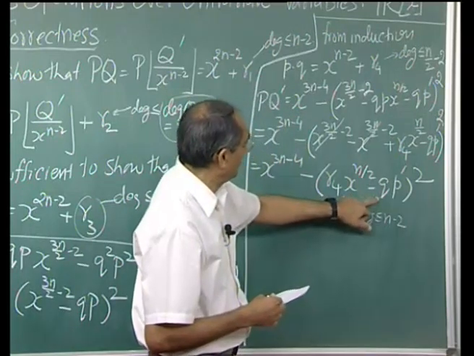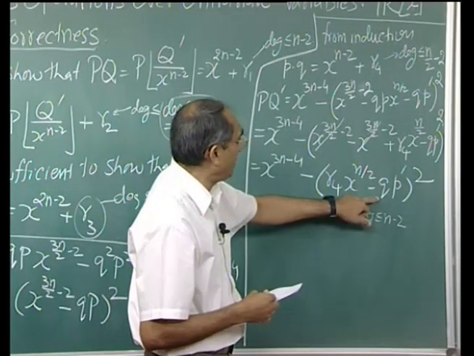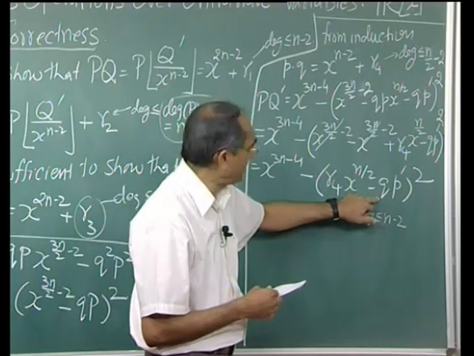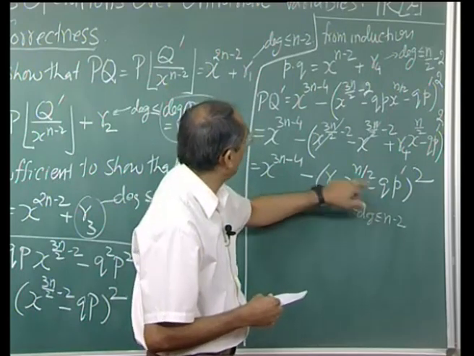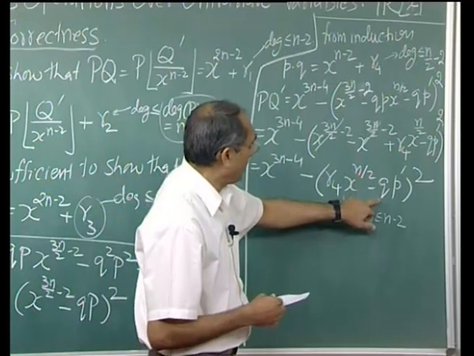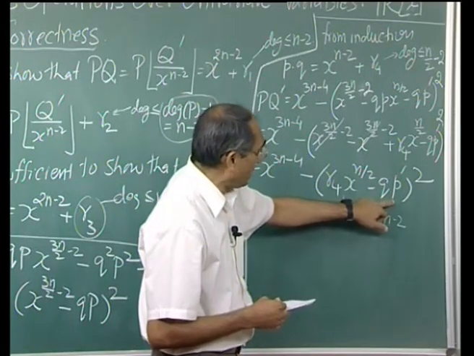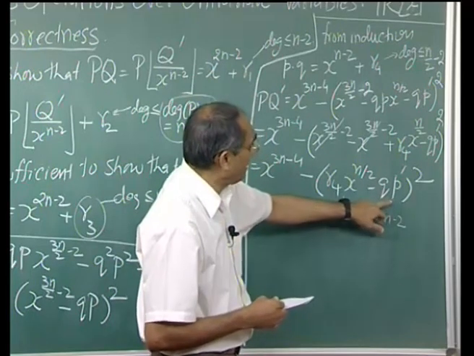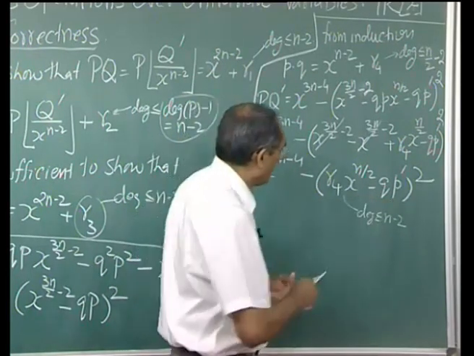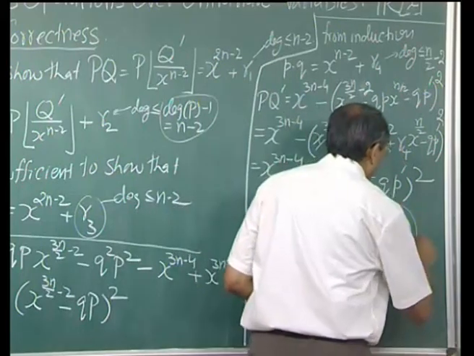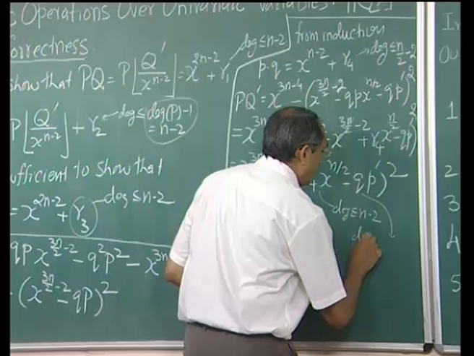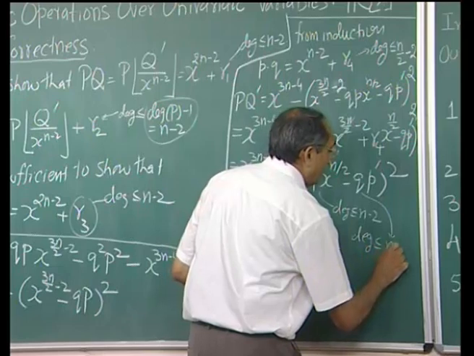Q has degree n by 2 minus 1. This has the same degree as small p, n by 2 minus 1. P' also has degree n by 2 minus 2 or less. So, this has degree less than or equal to n minus 3.